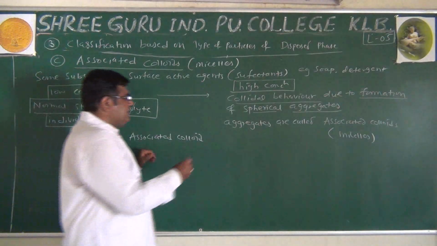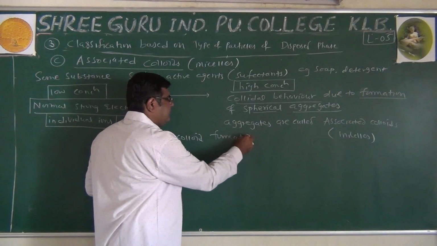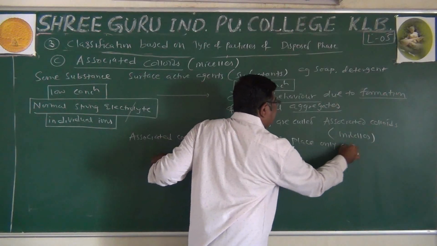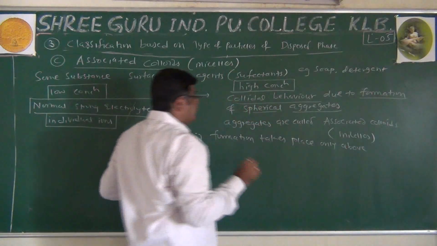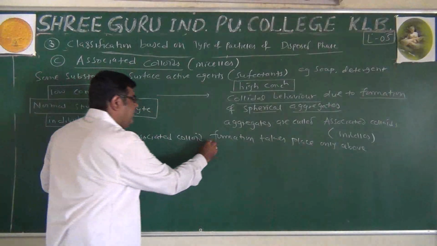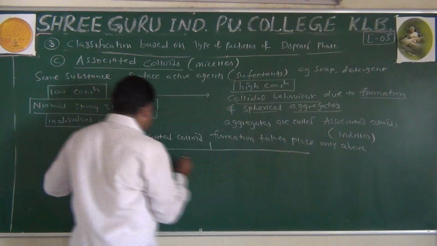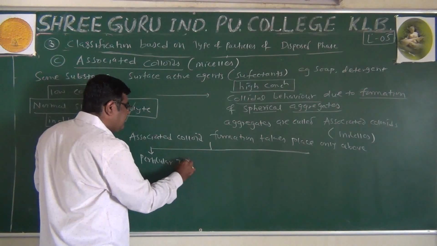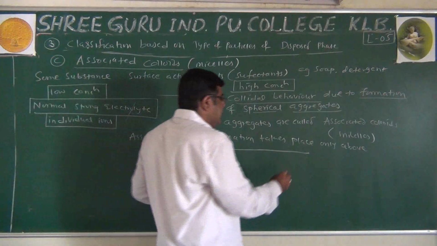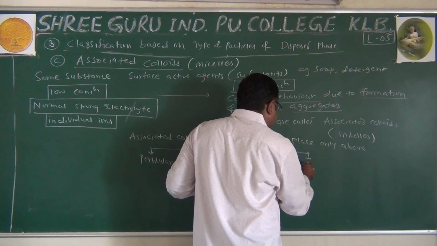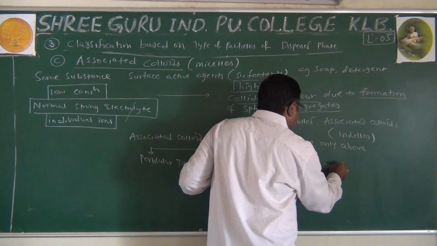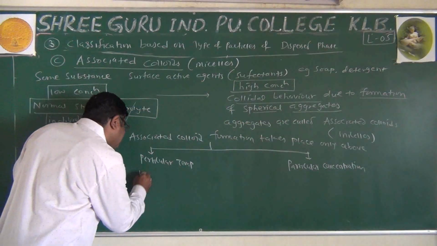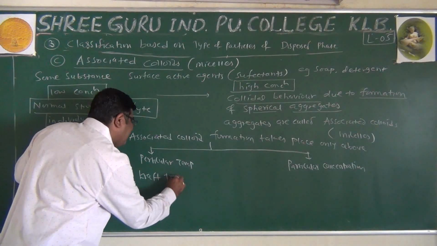So associated colloid formation takes place only, there are two conditions, only above a particular temperature and a particular concentration, and that temperature is called Kraft temperature.